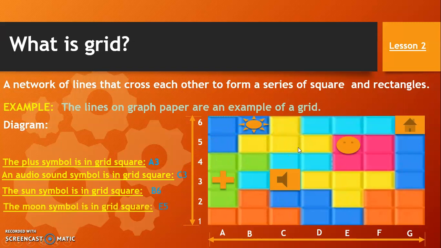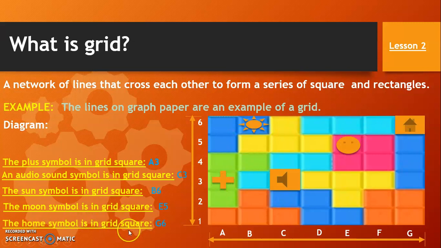The moon symbol is in grid square E5. As we know, E represents this vertical column and 5 represents this horizontal row. So both the E vertical column and the 5 horizontal row combine to make the E5 grid square. And the moon symbol is in grid square E5.